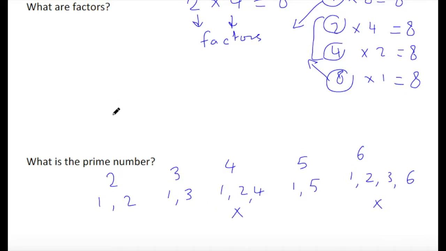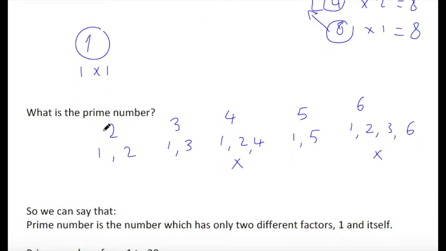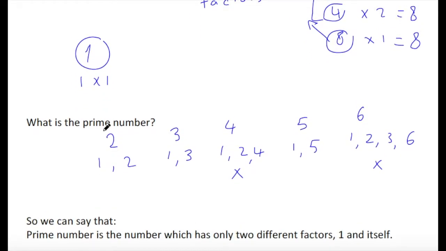For 1, is 1 a prime number or not? It has 1 times 1, so is it prime or not? We can say that a prime number is a number which has only 2 different factors, 1 and itself.